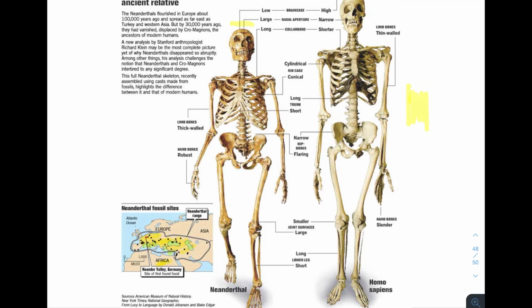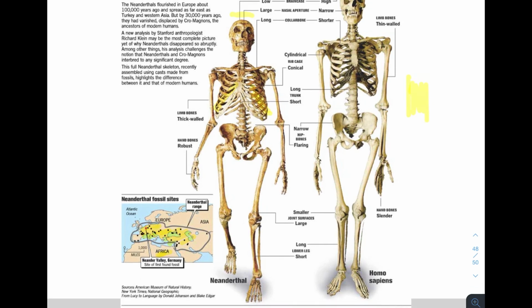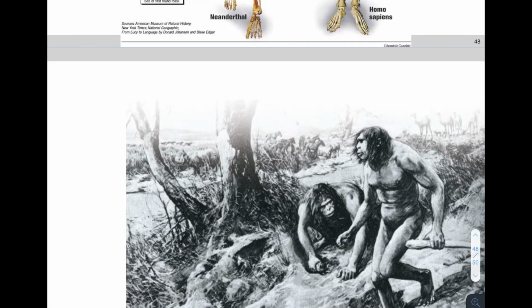human time periods. Notice also a characteristic of Neanderthals is this rib cage that does flare out, and they've done some theoretical experiments to try to figure out what kind of sounds Neanderthals would have made based on their anatomy, and the rib cage was one thing that they did refer to.